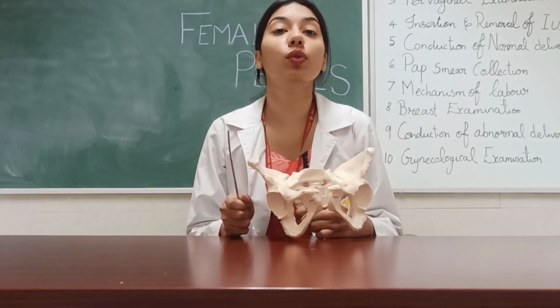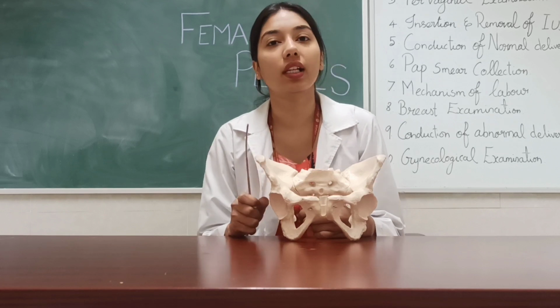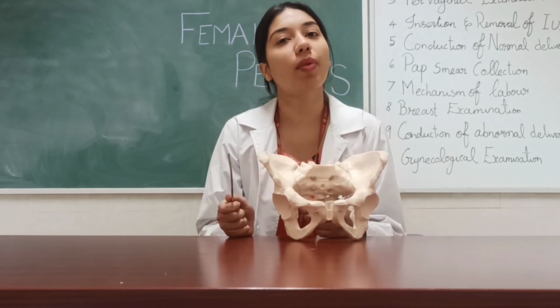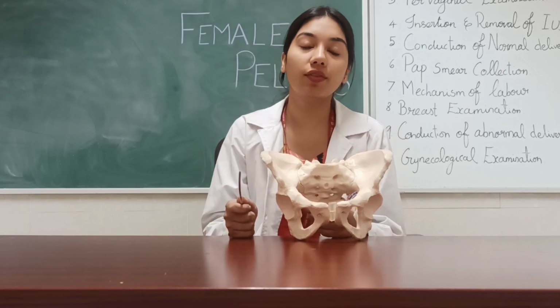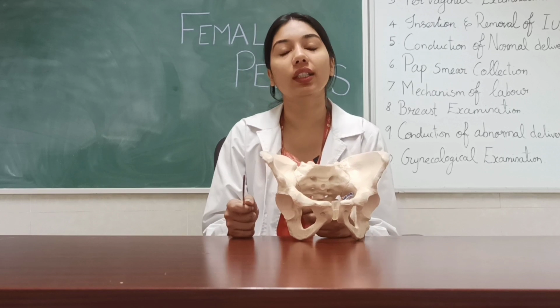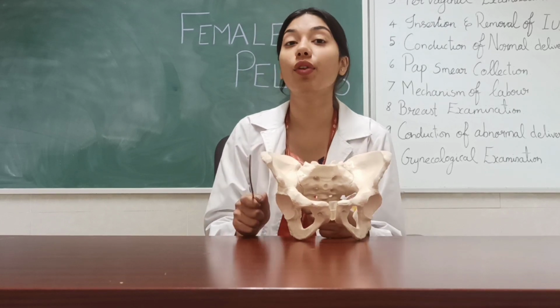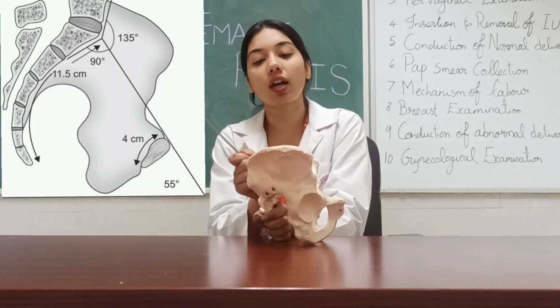So now we are going to see about the pelvic inlet. The most common type of pelvic inlet is of the transverse oval type, which is seen in the gynecoid pelvis. Also, one more thing that I need to highlight, which has a very important obstetrical significance, is the plane of the pelvic inlet.